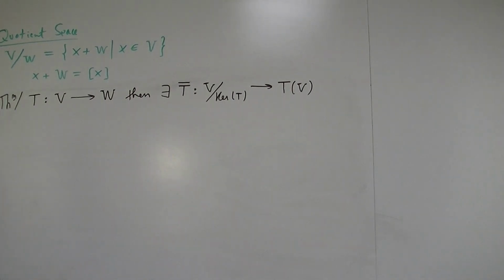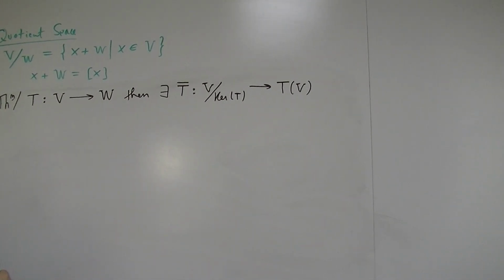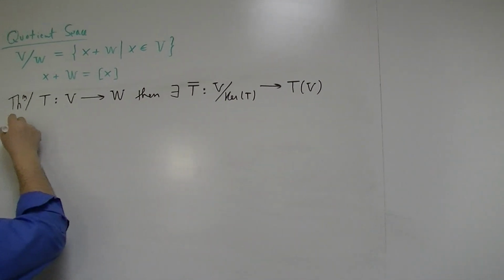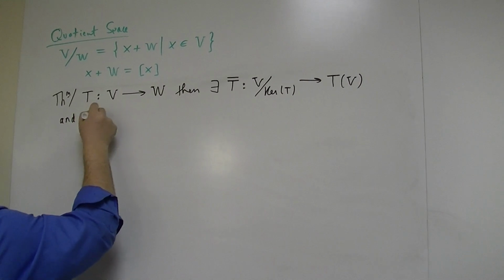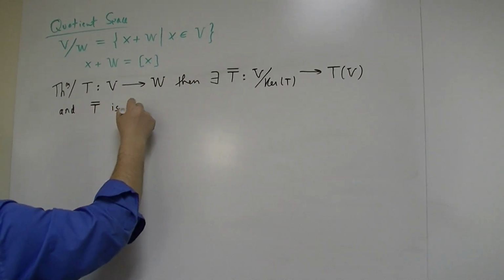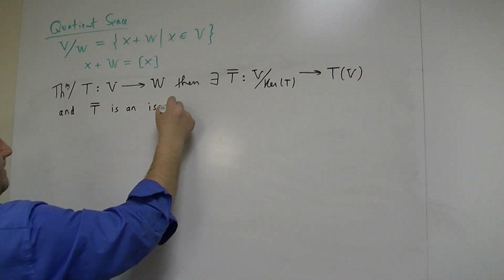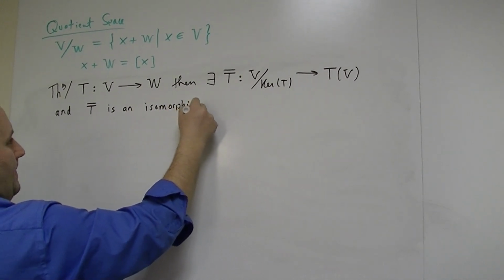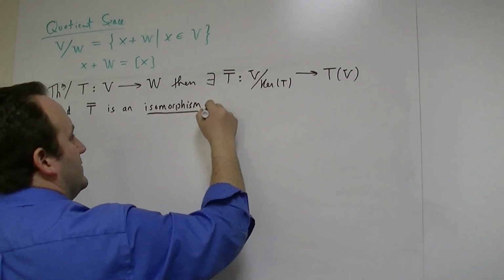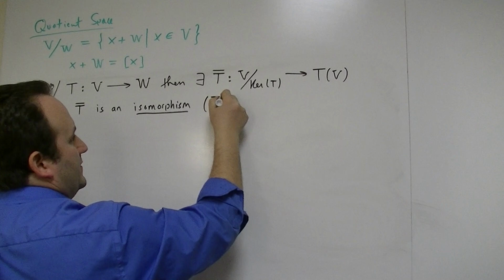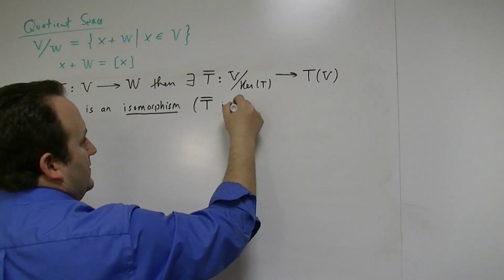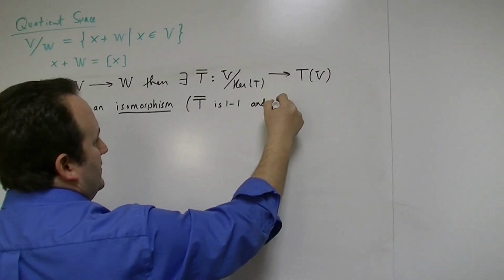So there exists this T bar, and T bar is an isomorphism, meaning T bar is 1 to 1 and onto.